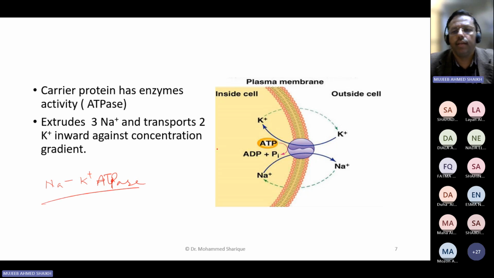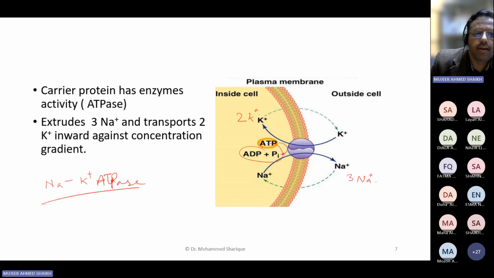What does this channel do? It is present in all the cells and it is active all the time. It is throwing 3 sodium ions outside the cell, and in replacement it is taking only 2 potassium inside the cell. Every step utilizes energy. This is called the sodium potassium ATPase pump.